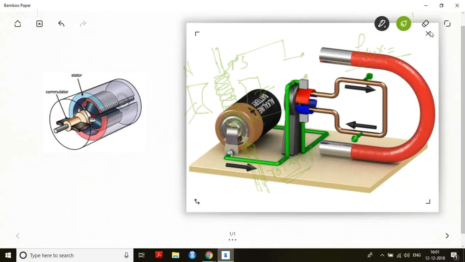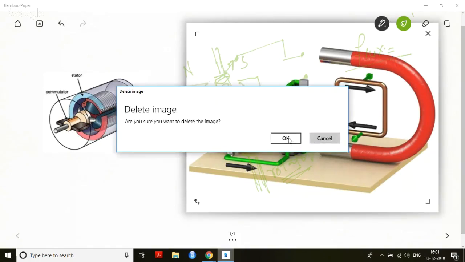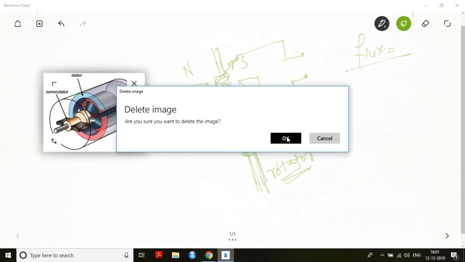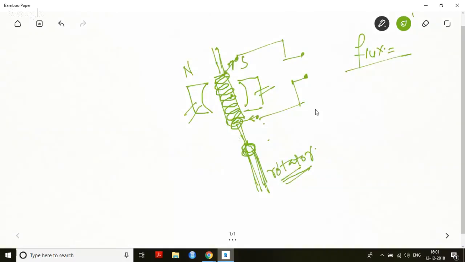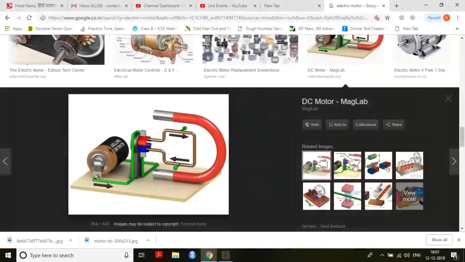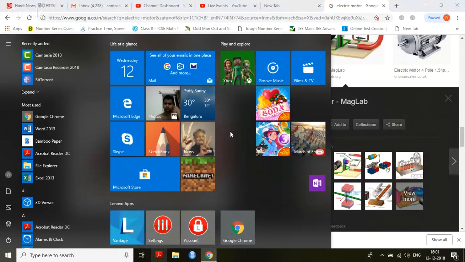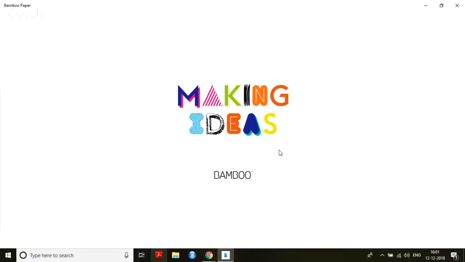So what happens in this case is that the first thing is the magnitude of the current.